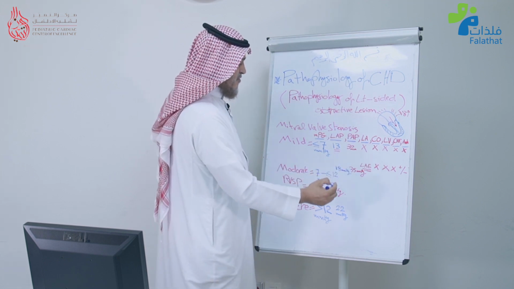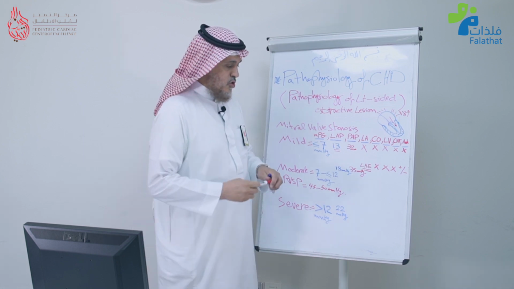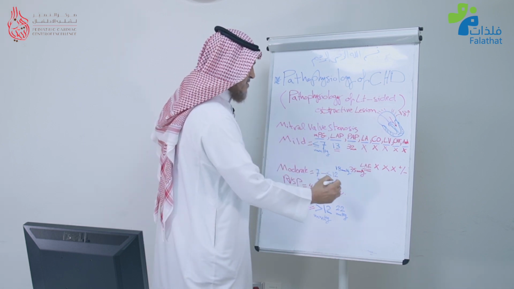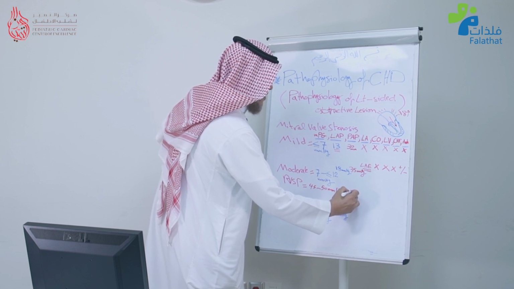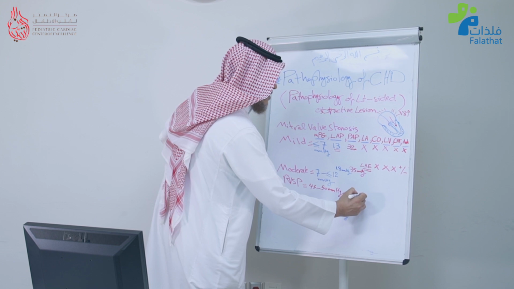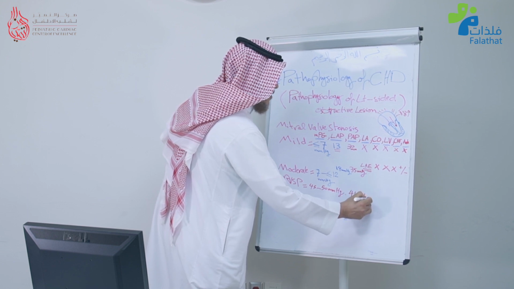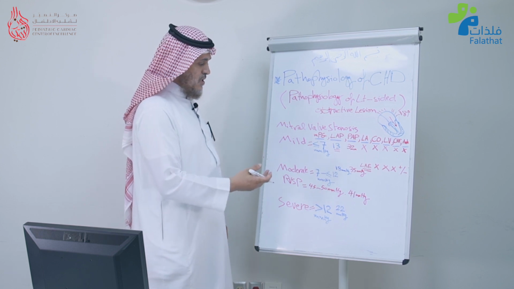It was here 35. Now it will go to 40 to 45 around, let's say. We said 41 millimeter mercury mean PA pressure.